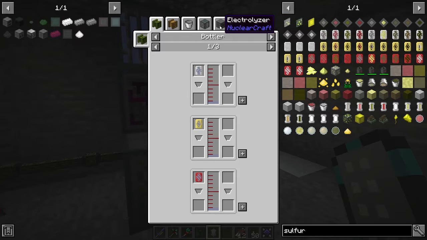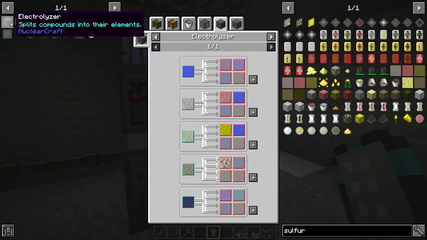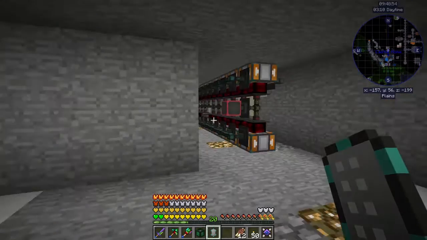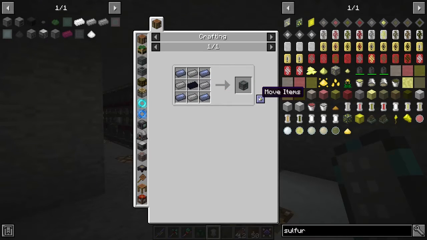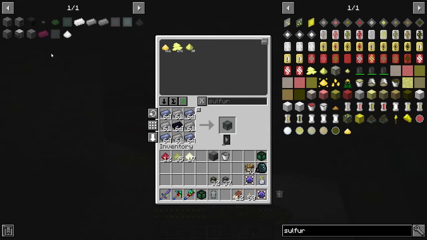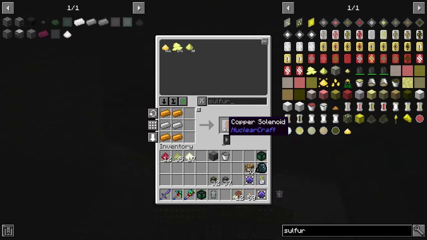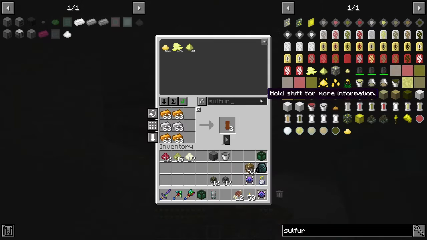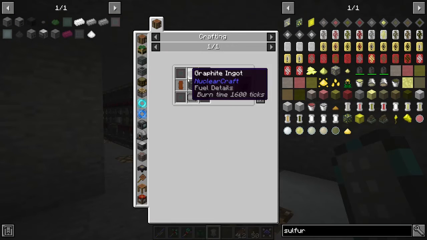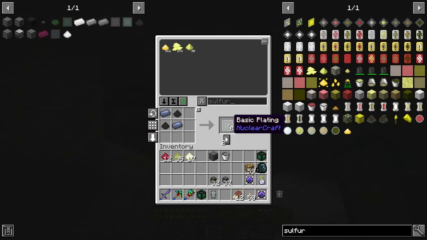an electrolyzer. Alright, so the electrolyzer requires, of course, that. Requires those, requires this, requires advanced plating, which requires basic plating.